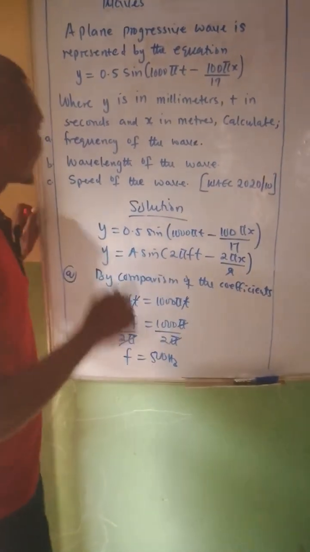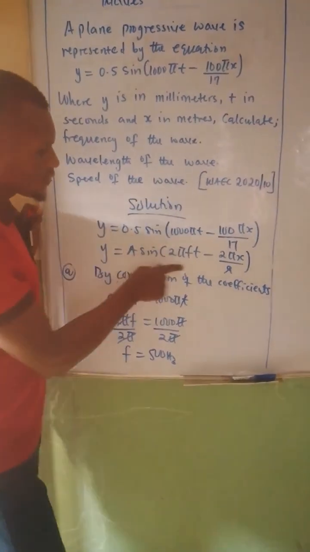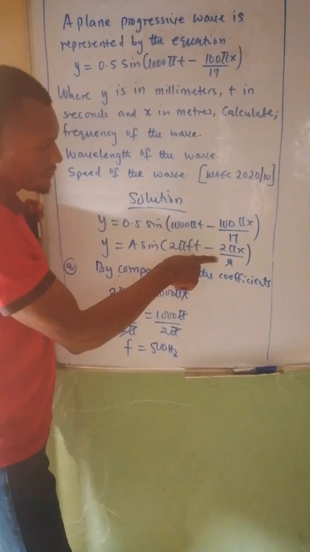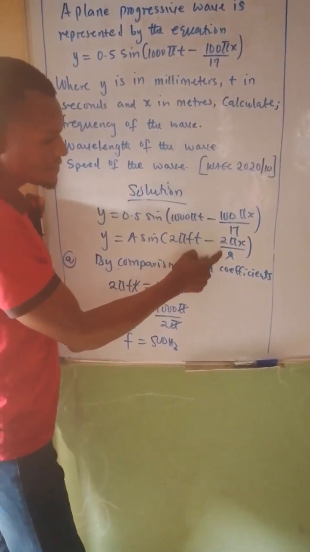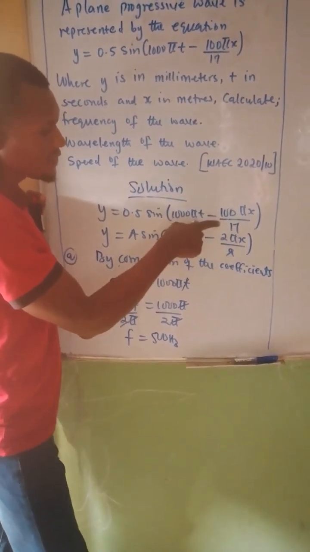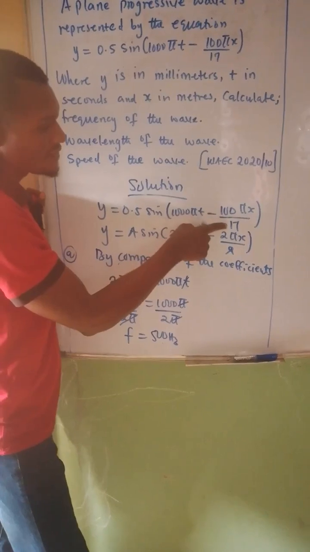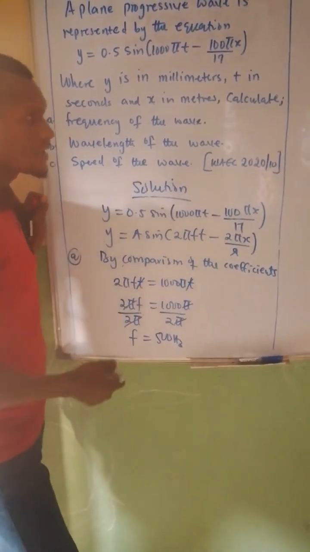Now, the second thing is we have to find the wavelength of the wave. So looking at the general wave equation, this is where the wavelength is. So we can compare this, which is the coefficient of x, with what is given to us in the question as 100 pi over 17 as the coefficient of x. So we equate them together and solve.